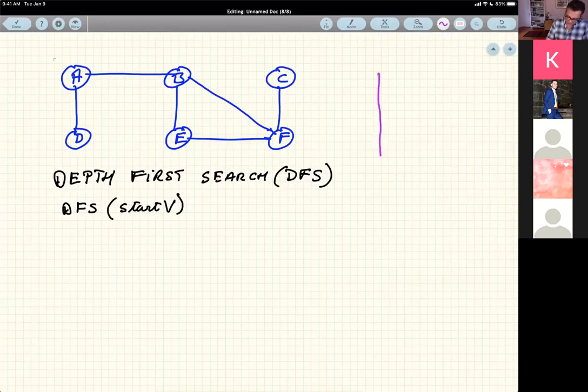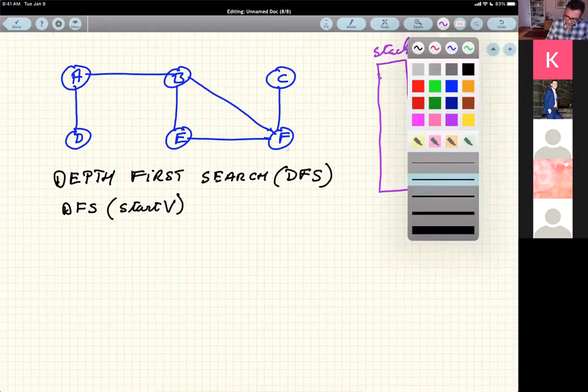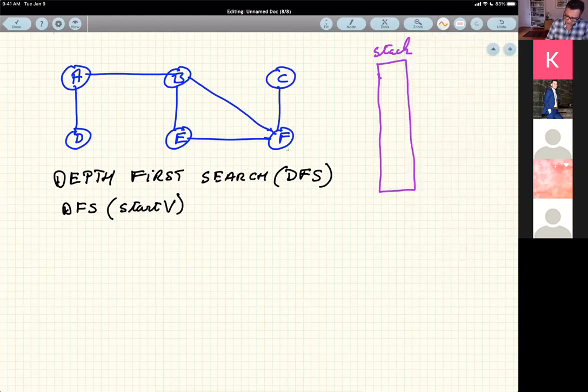We're going to use a stack. And then we're going to use the same thing that we used earlier, which is our list. Okay. List of visited vertexes. Okay. So I have a stack and a list of vertices.